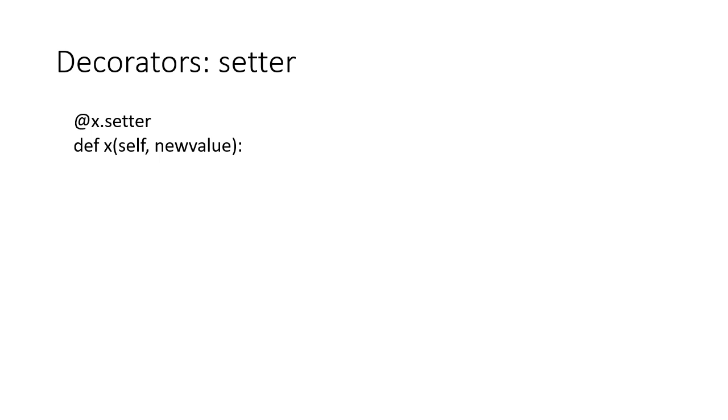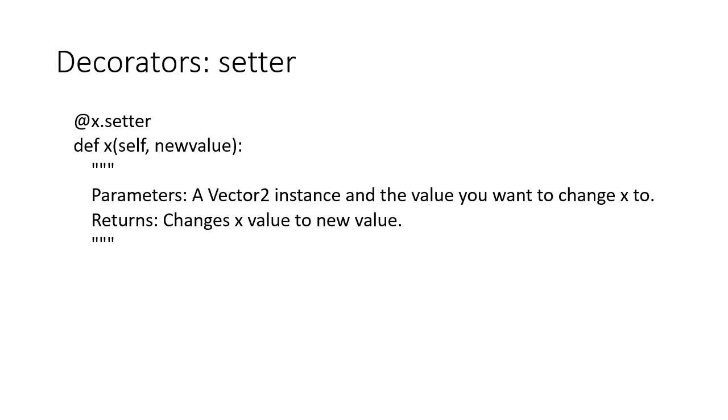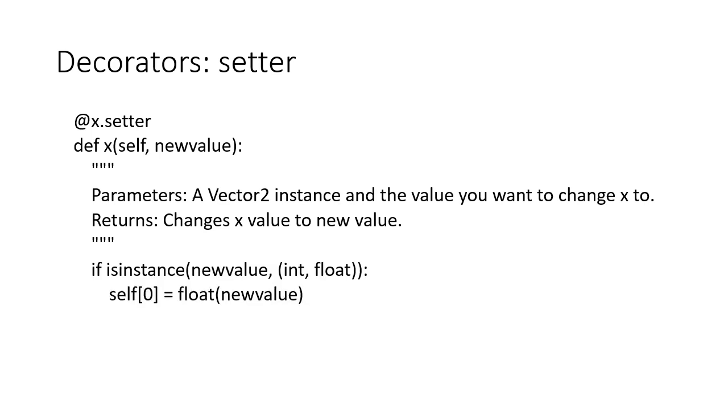But what this will do is allow us to have an instance of a vector2 class and then a value that we want to change the x to. So we want to change the x value to the new value. And so again, if that new value is an int or a float, then we can change the value. We could also have done self.x right here. But the idea at this point, and that's how we would use it outside.